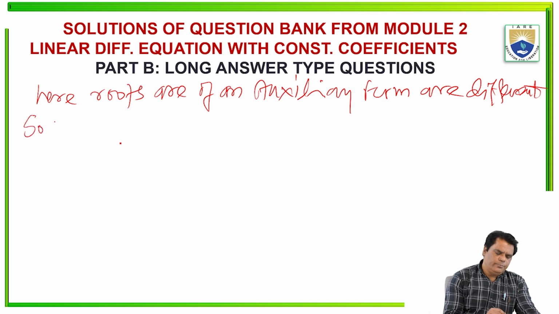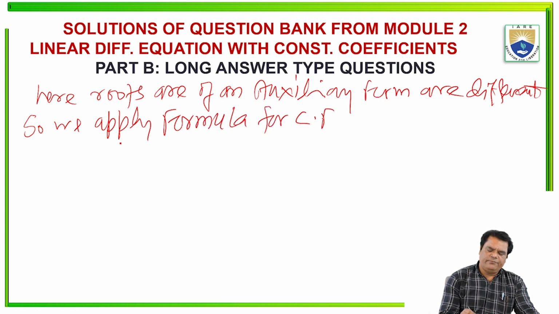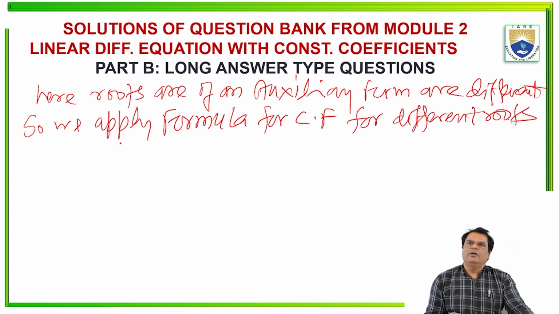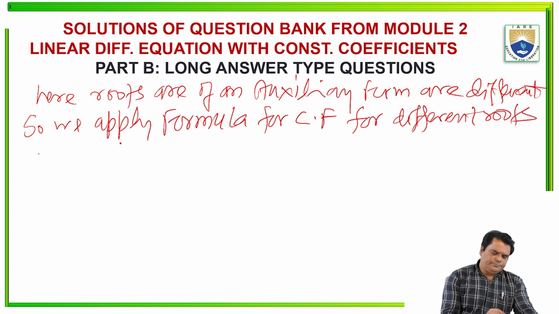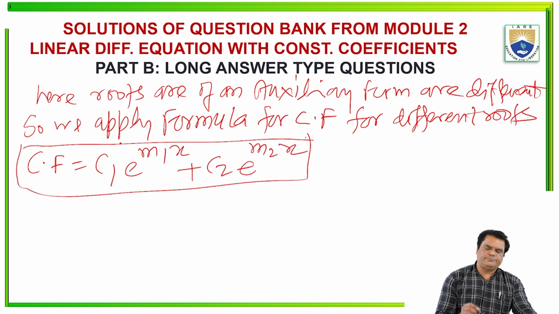So we apply the formula for different roots. The formula is CF is equal to C1 e to the power m1x plus C2 e to the power m2x. This is the formula.